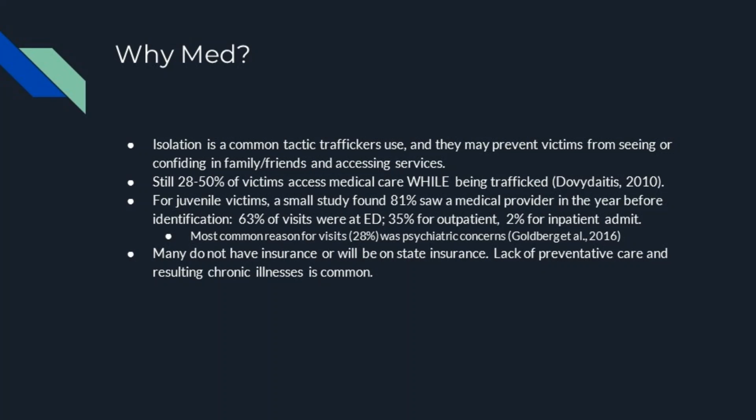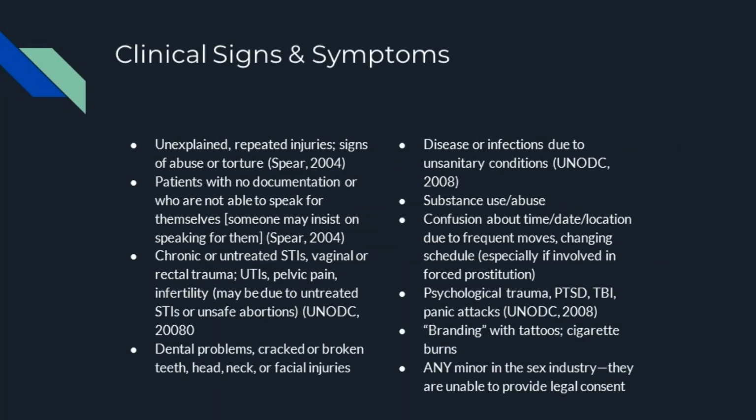Just keep an eye out for chronic illnesses and conditions that could be related to a trafficking or abusive situation. Here's where your expertise is critical towards the identification of victims.